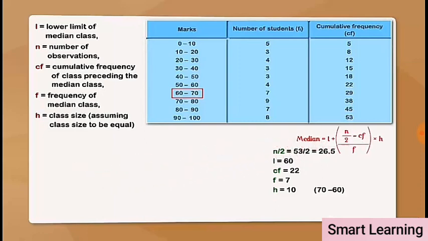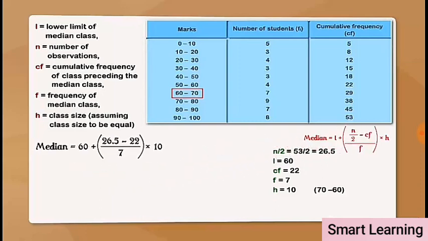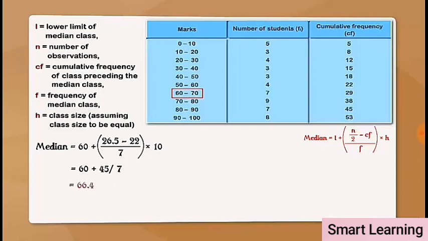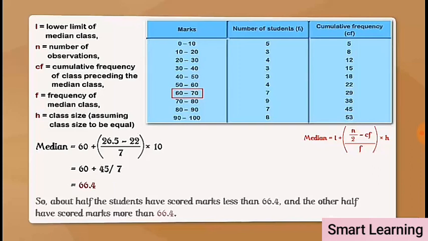In the formula, we get median is equal to 60 plus ((26.5 minus 22) by 7) into 10, which is equal to 60 plus 45 by 7, which is equal to 66.4. So, about half the students have scored marks less than 66.4, and the other half have scored marks more than 66.4.